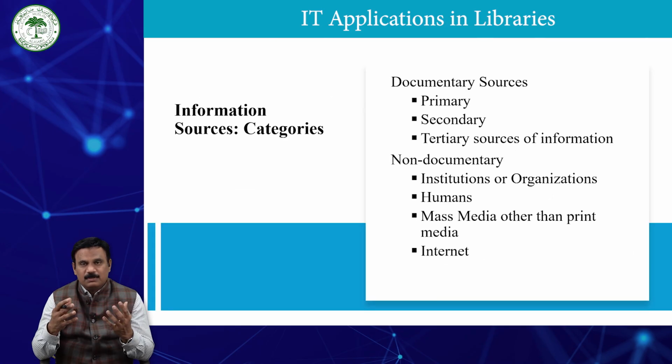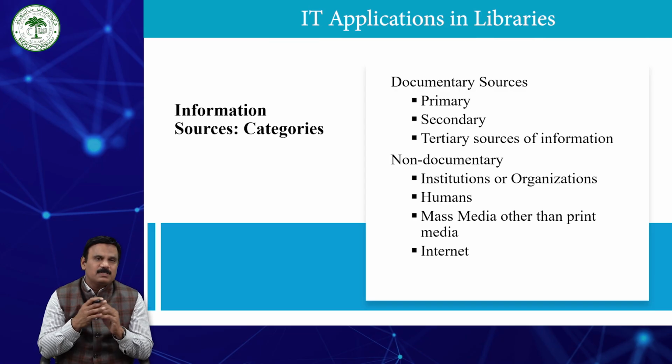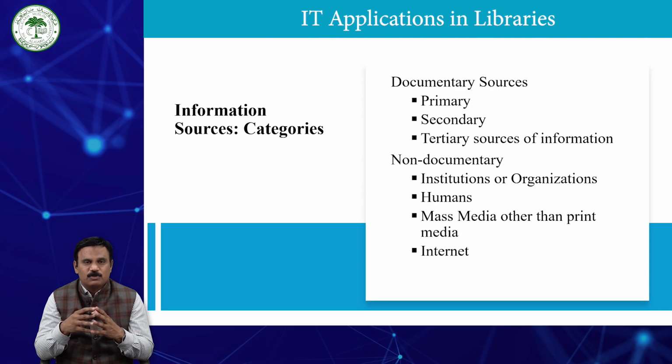The information sources can also be classified into other groups like documentary sources and non-documentary sources, depending on the medium where the information has been stored. In the documentary sources, we have the primary source, secondary source, and tertiary source. Now let us see another grouping of information sources.